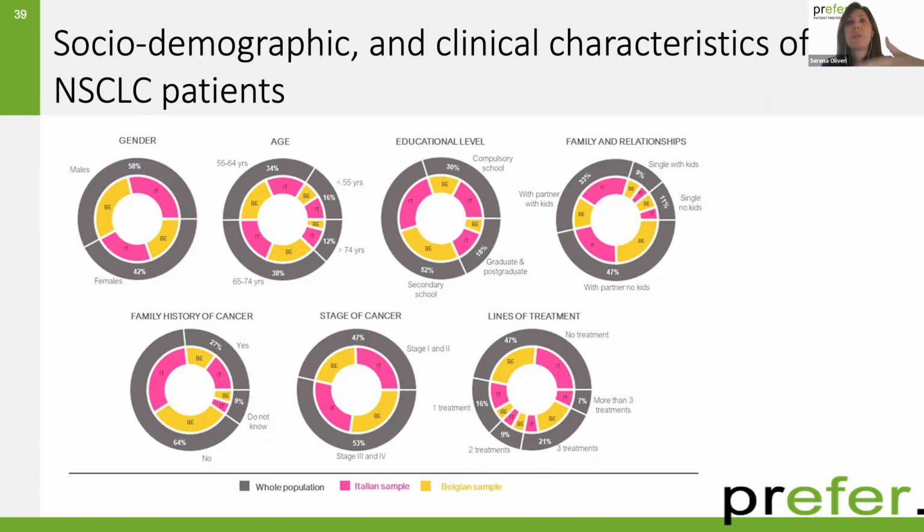And also depending on the lines of treatment. We had almost an equal number of people who never underwent lines of treatment other than surgery, for example, and people who had extensive experience with other kinds of treatments and underwent from 1 to more than 3 lines of treatment. Next, please.